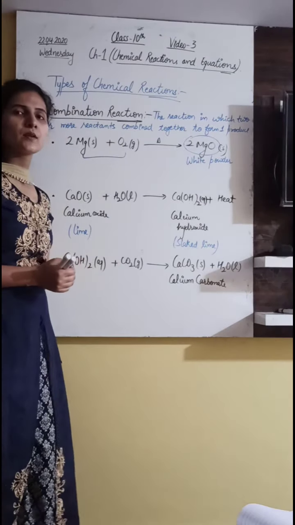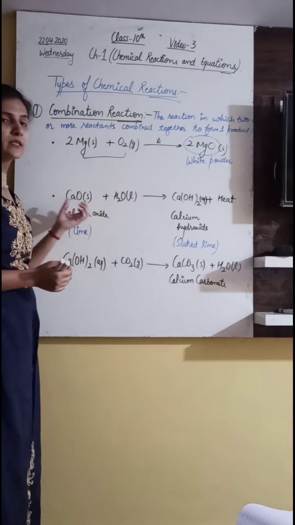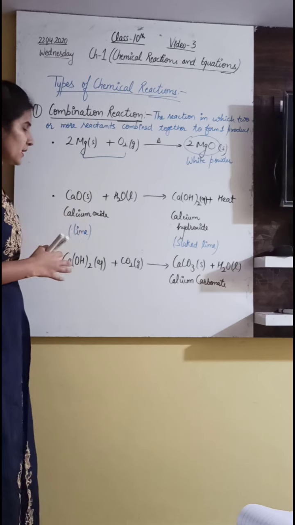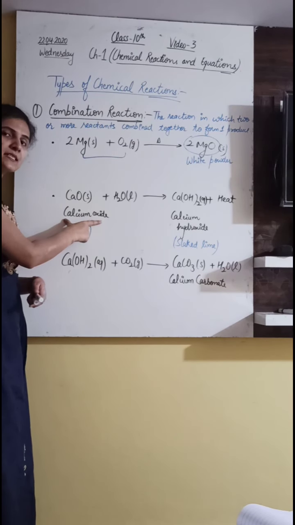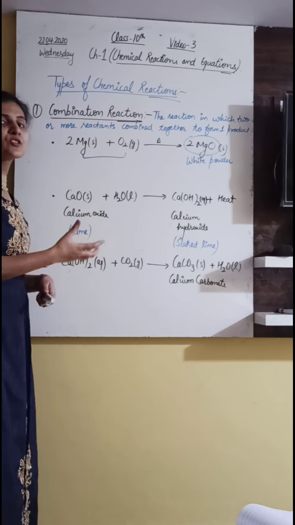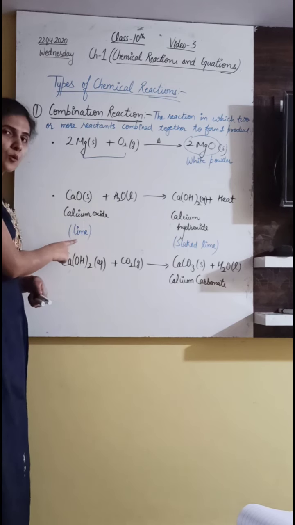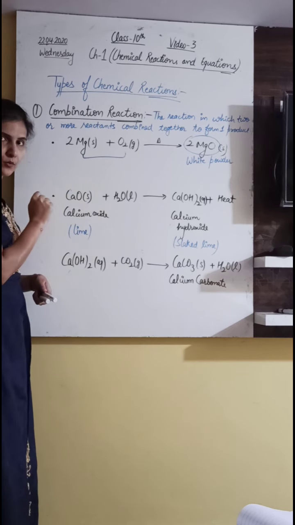Okay. So now move on to our next reaction, that is the reaction of water with calcium oxide. Here I have written 2 names. One is the chemical name, that is calcium oxide, and the other one is the common name, which we call in everyday language. So lime is the common name and calcium oxide is the chemical name of this compound.